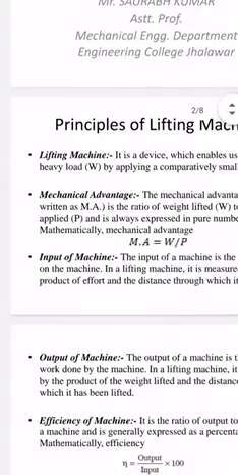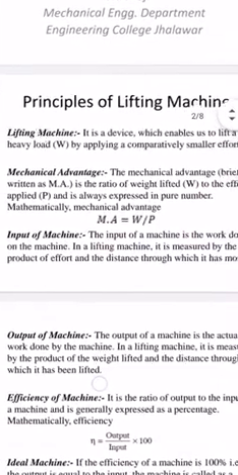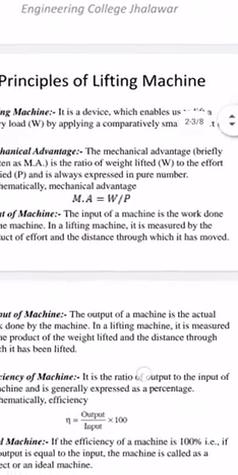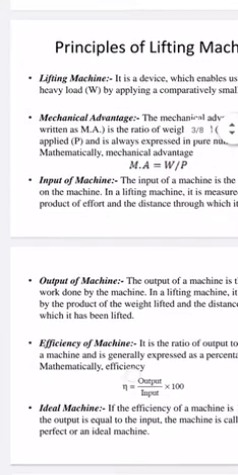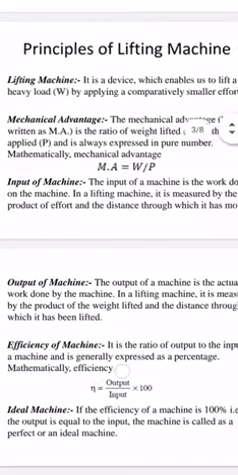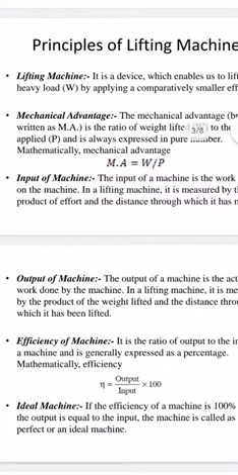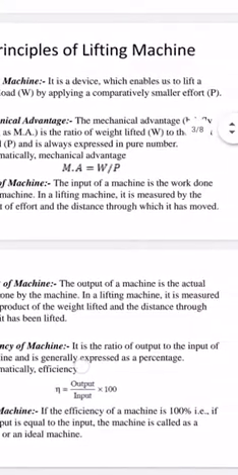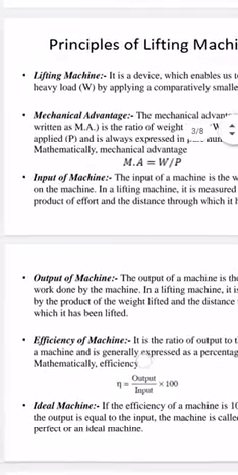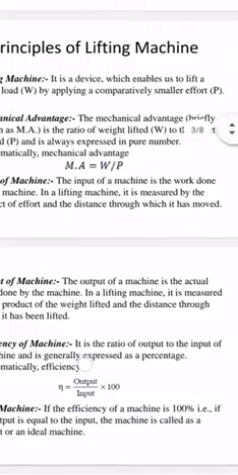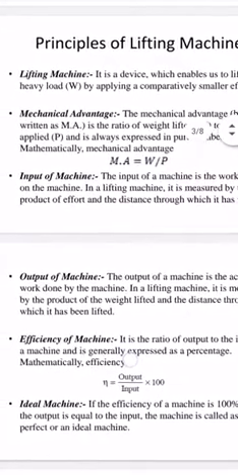And what is the output of the machine? The output of the machine is the actual work done by the machine. Input is what we are giving and output is what we desire. Output of the machine is measured by the product of weight lifted and the distance through which it has been lifted.